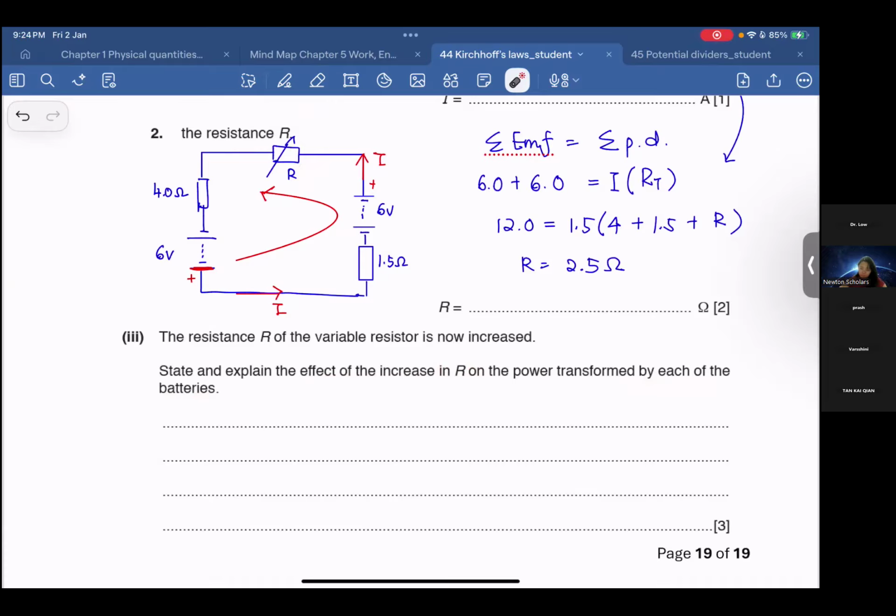Think. Prasan, let me read. Power, yes. Correct, Prasan.